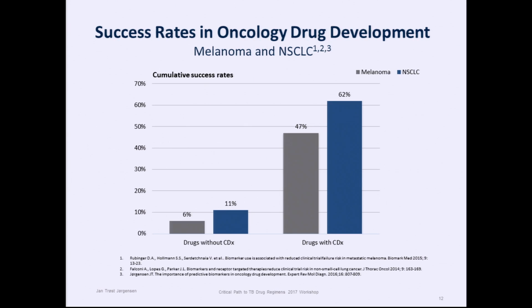And as you can see, if you use the traditional all-comers strategy, the success rate when you start with a drug in melanoma in phase 1 and have it approved is approximately 6%, and a little bit higher for non-small cell lung cancer, 11%. But if you use the drug diagnostic strategy, you can see the success rate increase manyfold. Of course, you should not put too much emphasis on these data due to the fact that they are still relatively few.